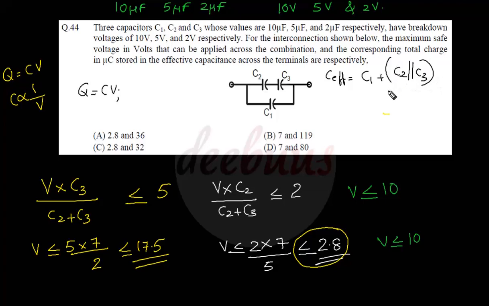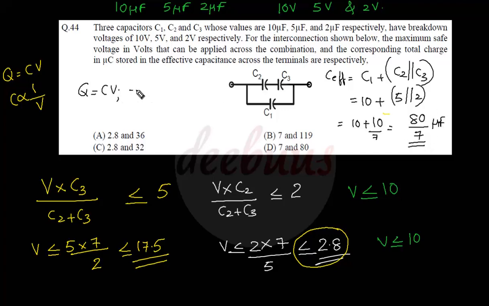Remember, this is capacitance, just inverse of the operation that we are attaining on resistance. So C1 equal to 10 microfarad plus C2 is 5 parallel 2. That is 10 plus 5 parallel 2, which is 5 into 2, 10 by 7. So that turns out to be 80 by 7. Right, 80 by 7 microfarad is the unit.